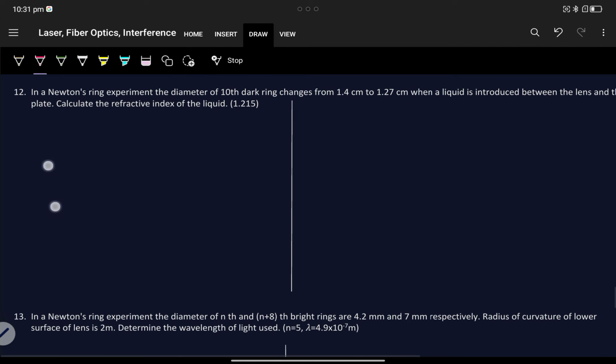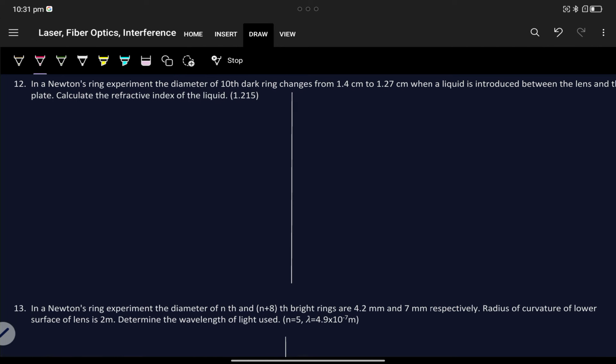Question number 12. In Newton's ring experiment, the 10th dark ring diameter changes from 1.4 to 1.27 when a liquid is introduced between them. Calculate the refractive index of the liquid.